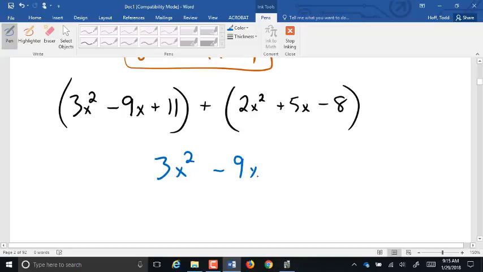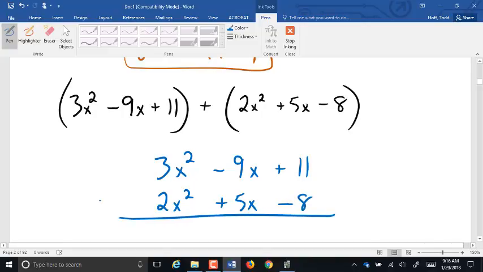So we write out the first number, the 3x squared minus 9x plus 11. Then again, we write the second one under it, making sure we line up. The 2x squared goes under the 3x squared. The 5x goes under the negative 9x. And the negative 8 goes under the 11.